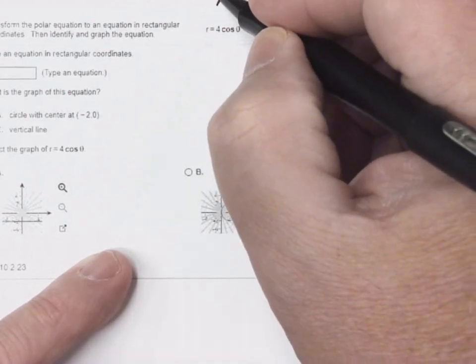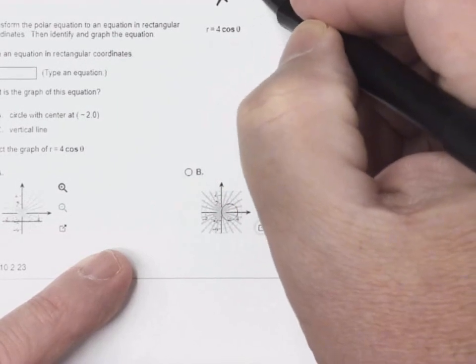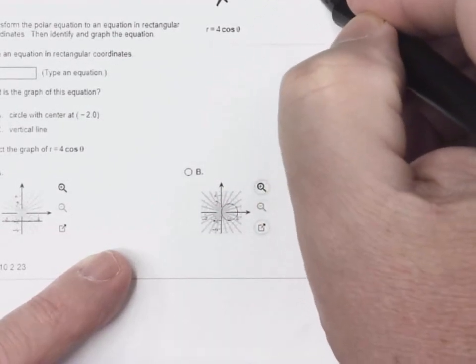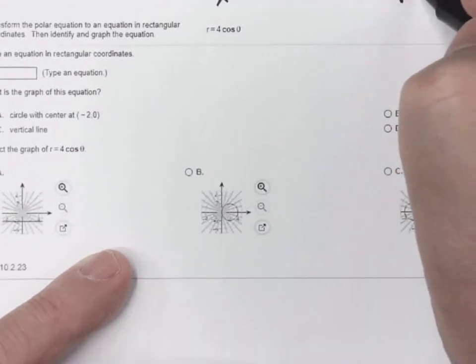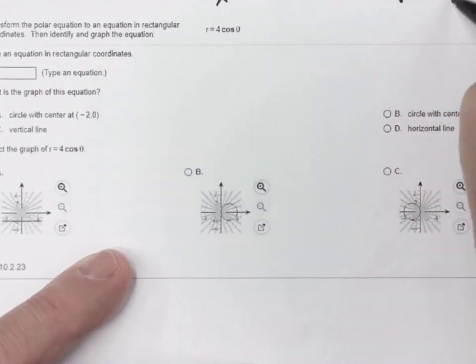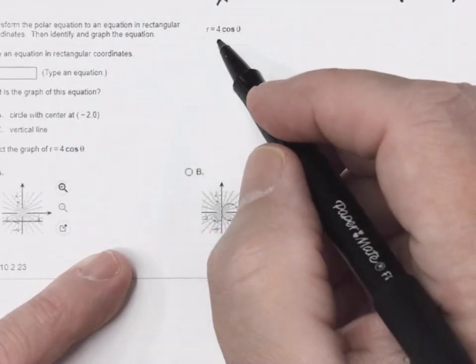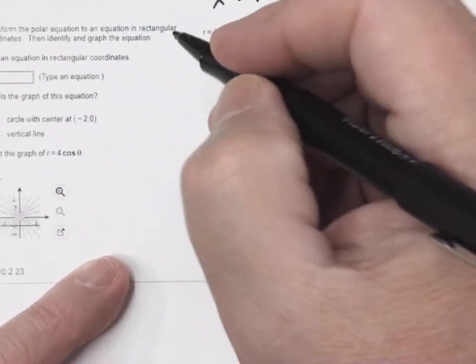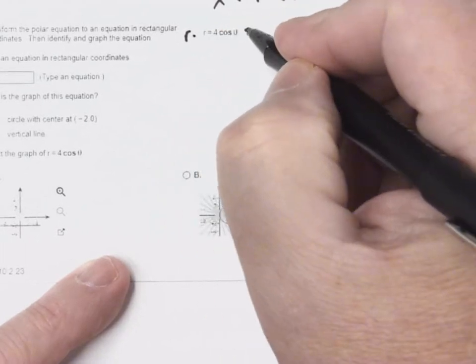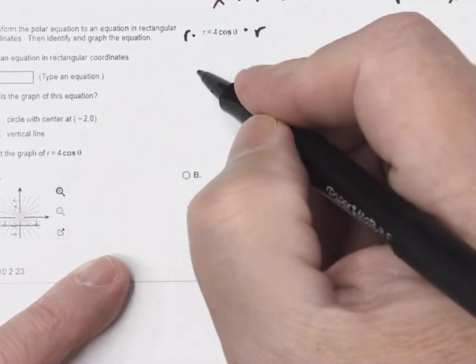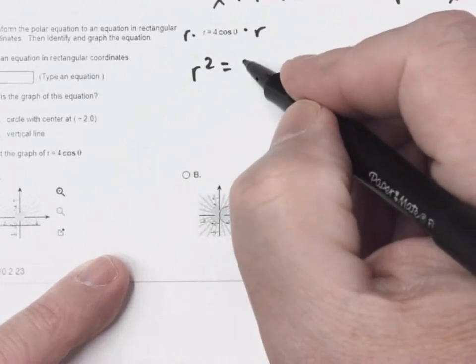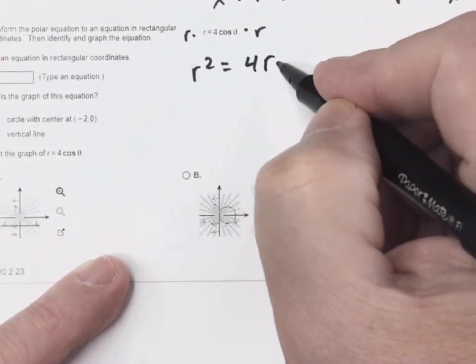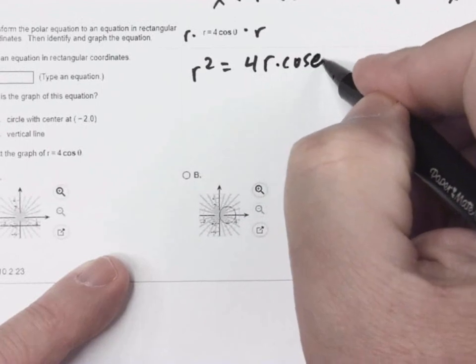I'm going to use x equals r times cosine theta, and also r squared equals x squared plus y squared. What I'm going to do is take this equation and multiply both sides by r. And I get r squared equals 4r times cosine of theta.